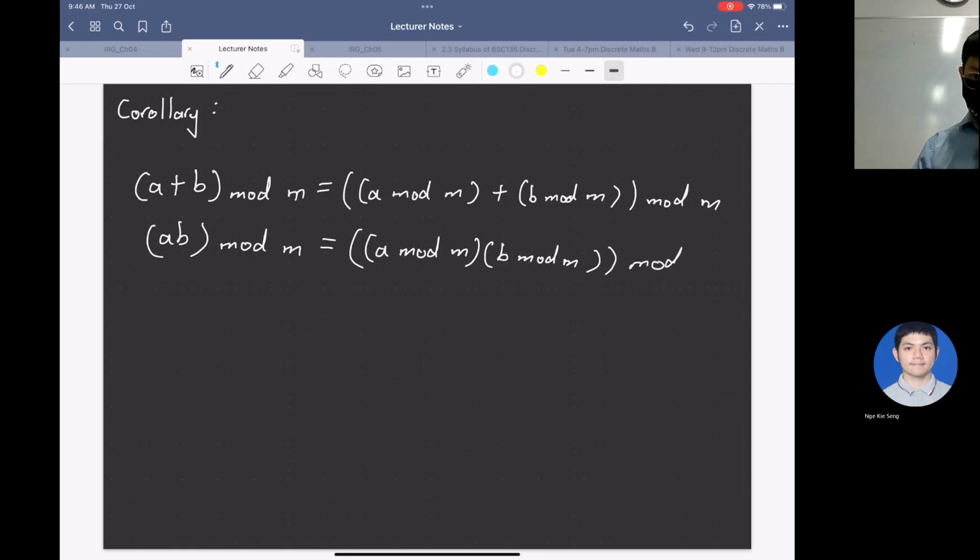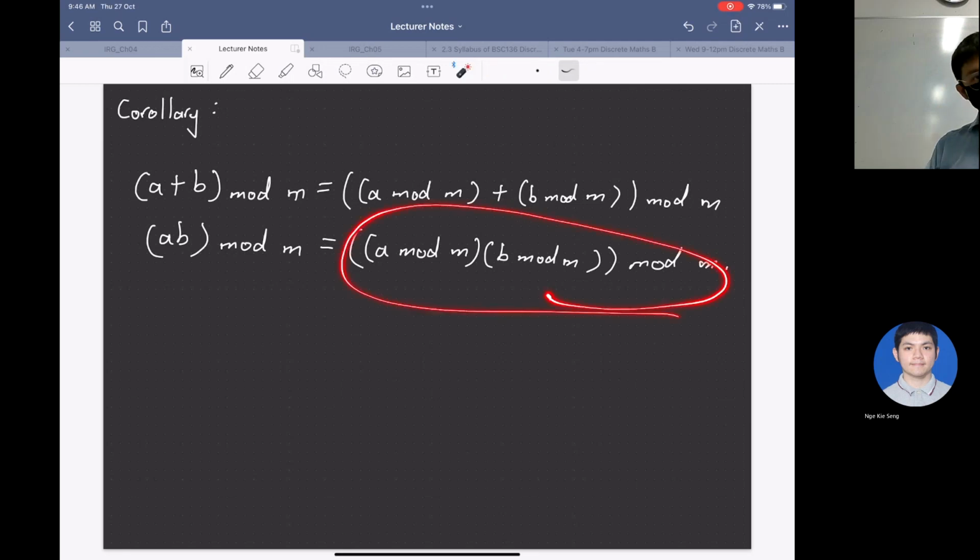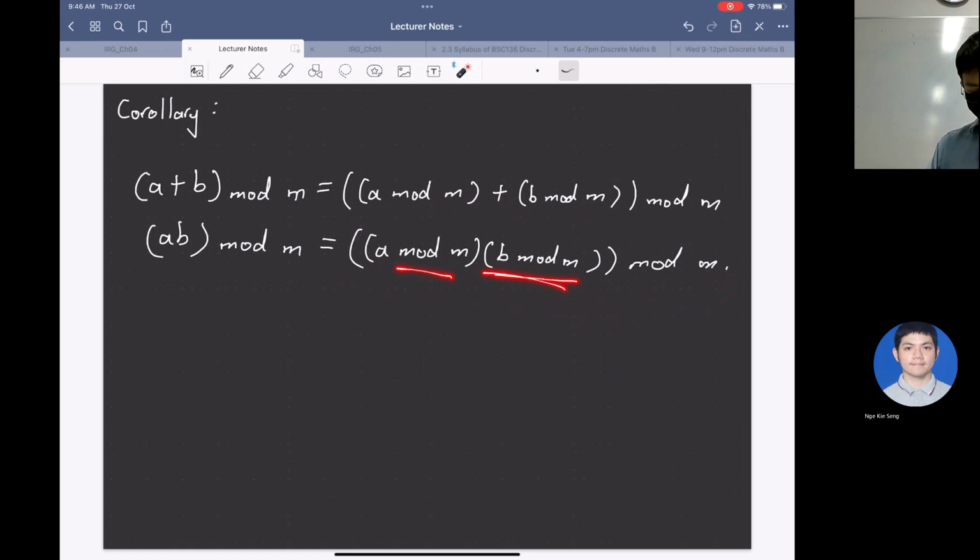Maybe you think that, hey, this part here has more work because you reduce individually first, and then reduce the whole thing, whereas here you just multiply and then reduce. But if you imagine you want to multiply 10 or 20 digit numbers, then the multiplication will take up enormous time.